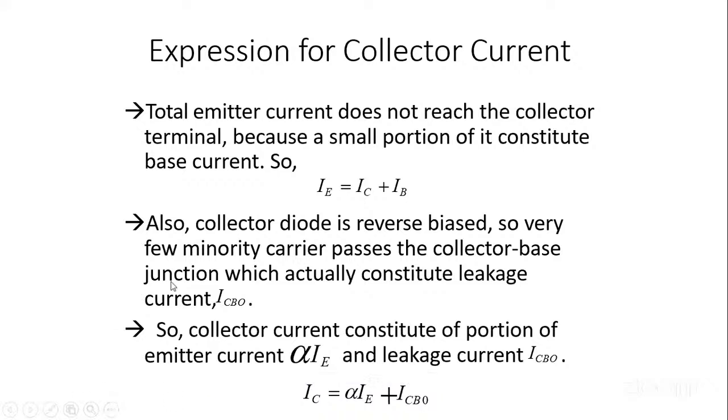So this is the expression of collector current and emitter current. By KCL, that is Kirchhoff's current law, IE is equal to IC plus IB.